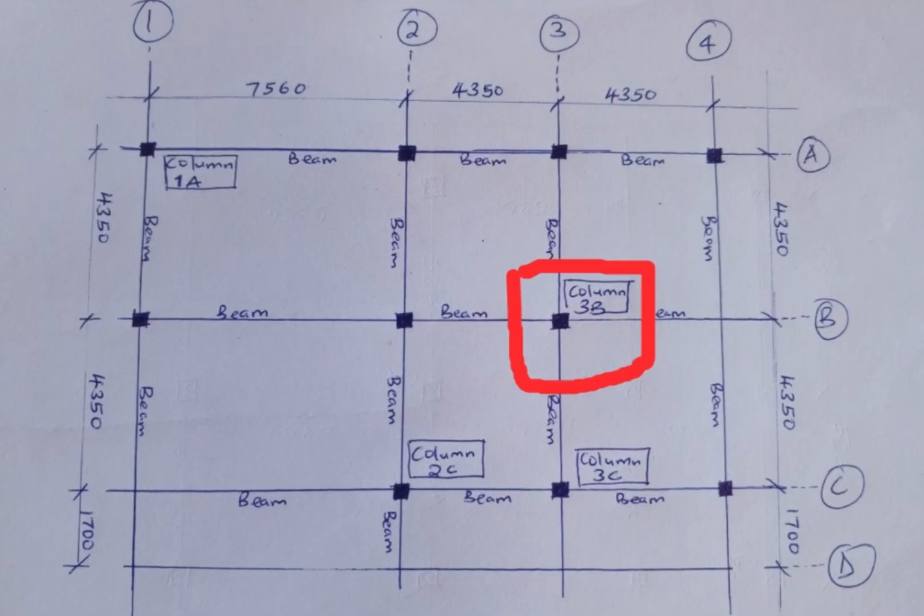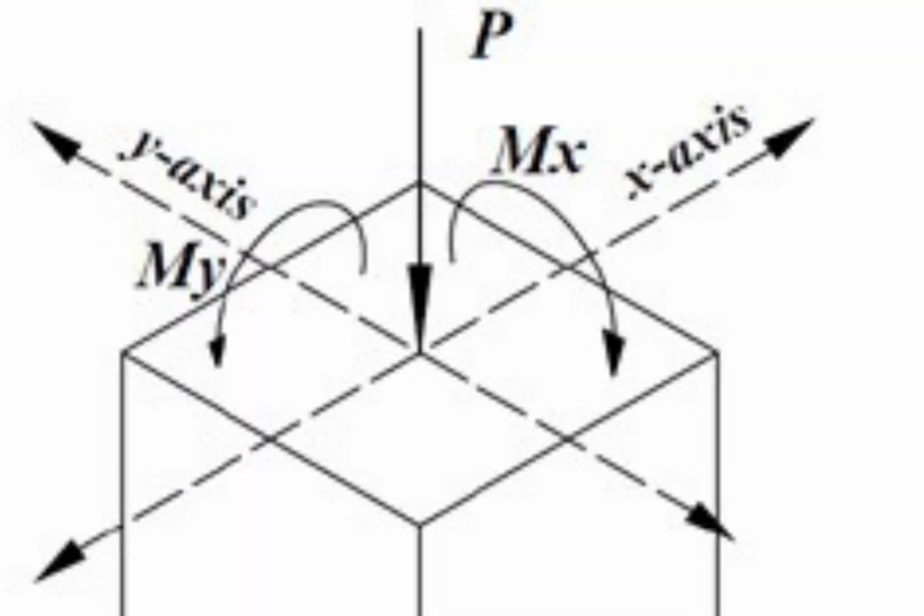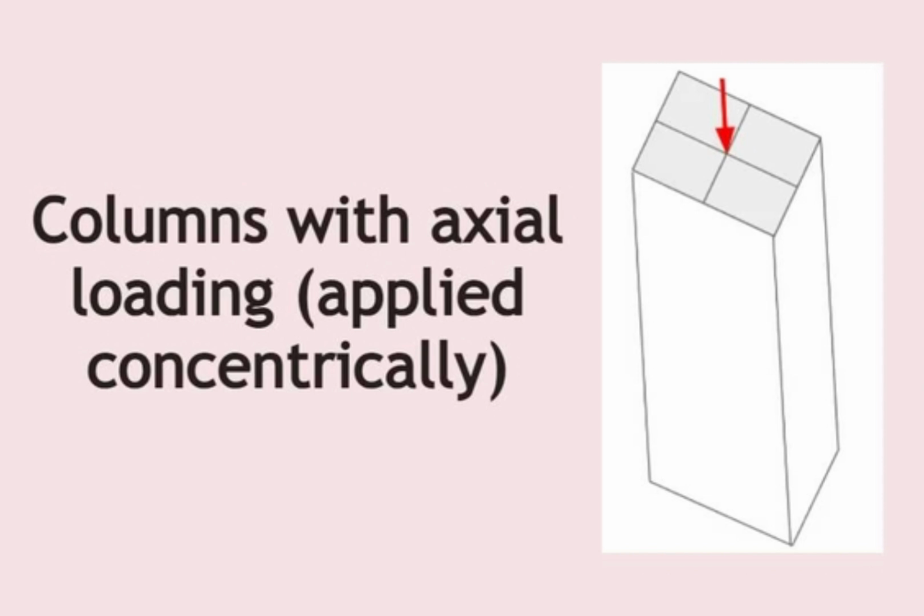The moment generated is neglected because the moment will be balanced on the four sides of the column. Therefore, column 3B is an axially loaded column. And you see the load is concentric. The load applied on that column is concentric, that is, it is acting at the center of the column.